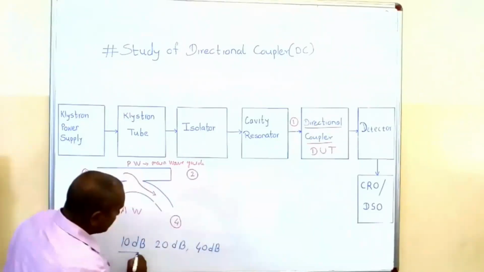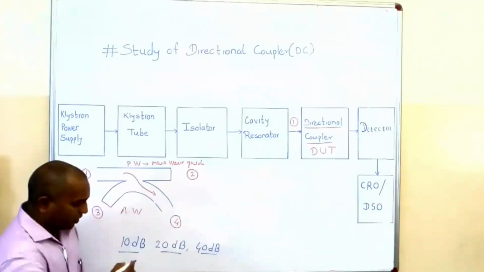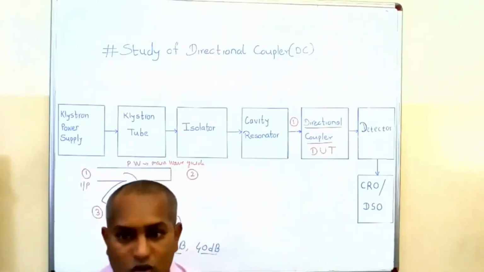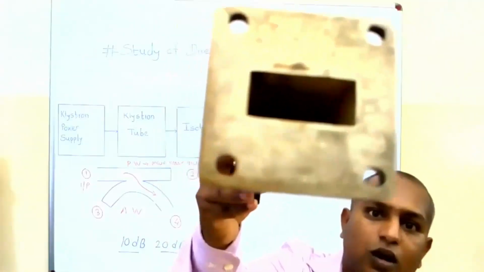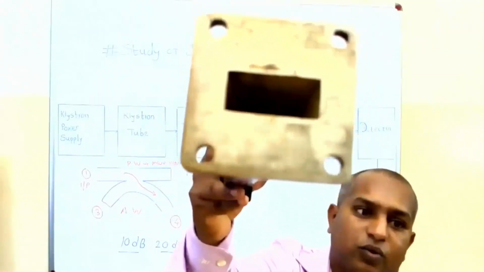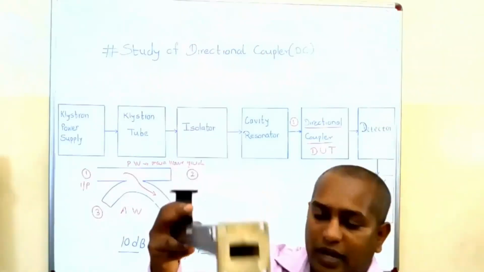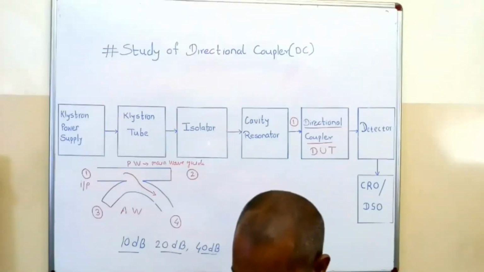So the type of directional coupler, means the dB of the directional coupler, totally depends upon the number of holes in between the primary and secondary waveguide, or main waveguide and auxiliary waveguide.